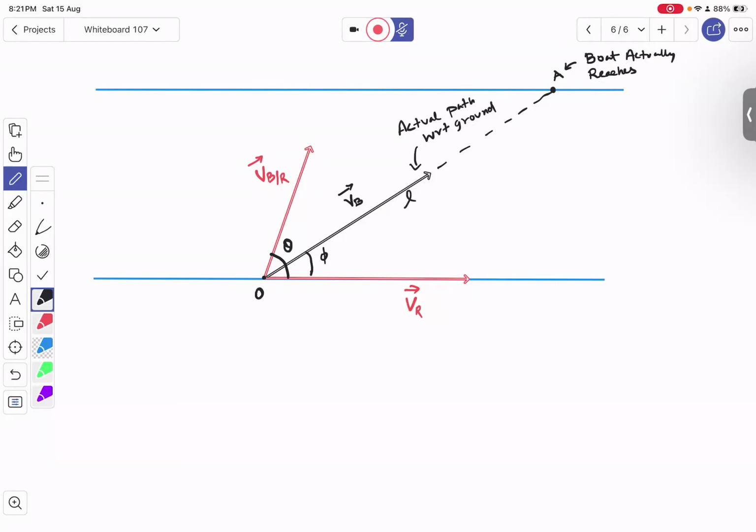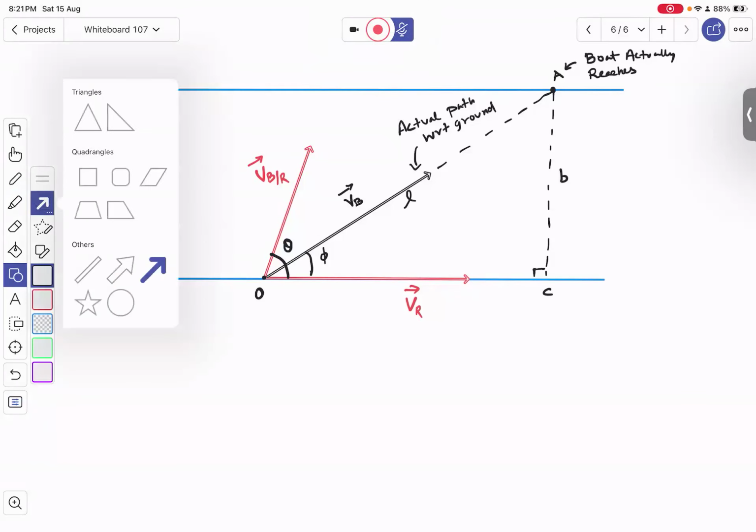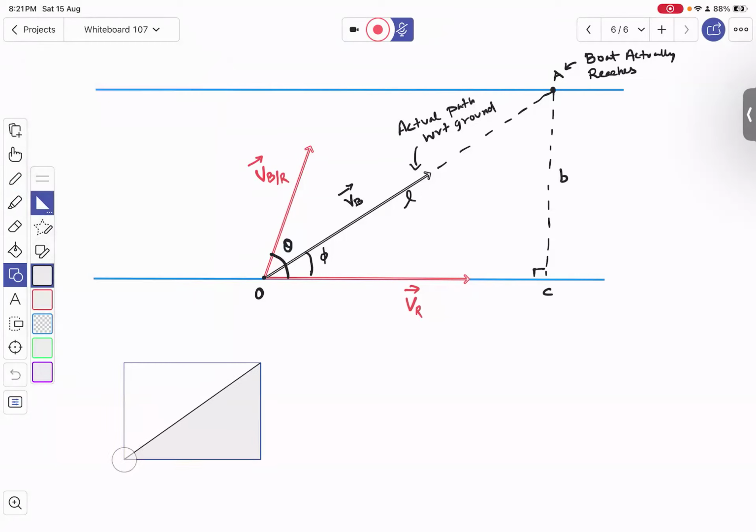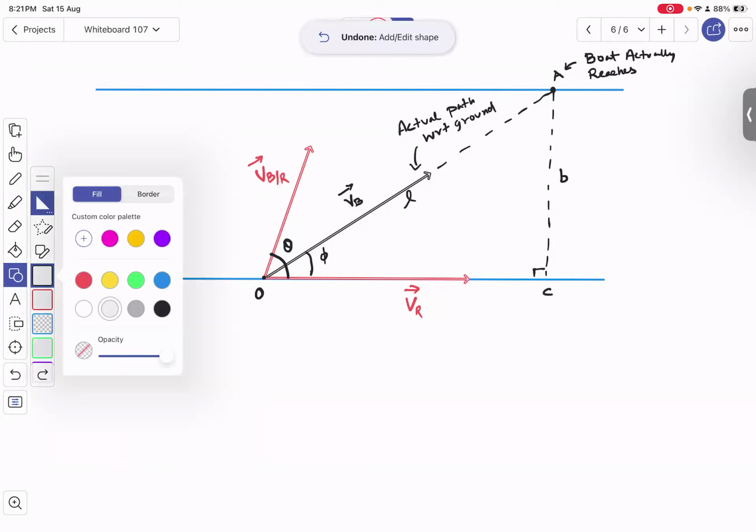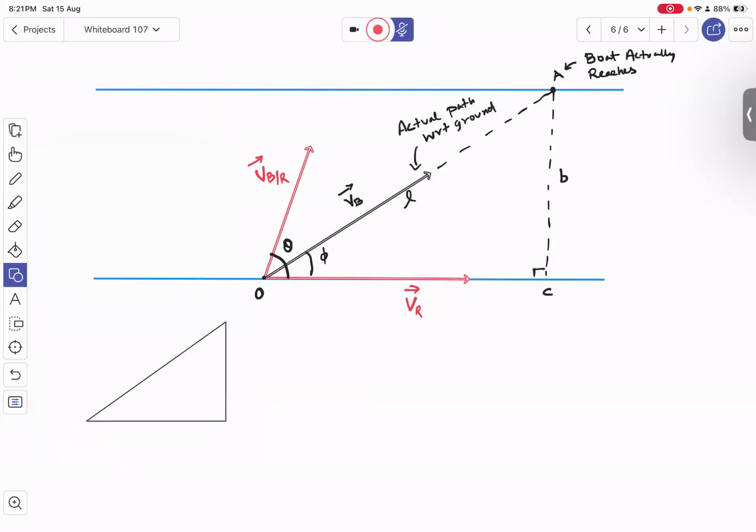What all things do we know? If I drop a perpendicular from A to the other side of the bank, we know the width of the river, that is B. The foot of the perpendicular, maybe I'll name it C. So in the triangle OAC, this is O, this is A, this is C, this length is B, this angle is phi, and I have to find L. B I know, phi I know, so to find L maybe I'll use sine phi.